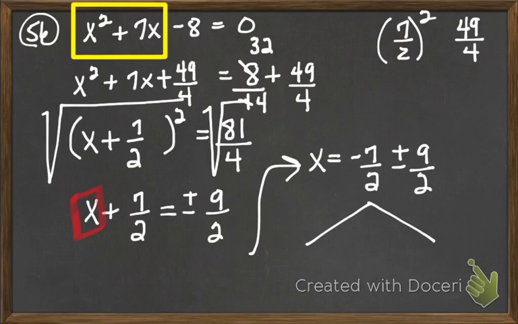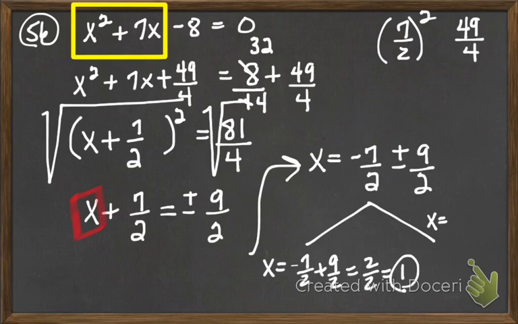Negative 7/2 plus 9/2 will be 2/2, which simplifies to be 1. And then negative 7/2 minus 9/2 is negative 16/2, which simplifies to be negative 8.